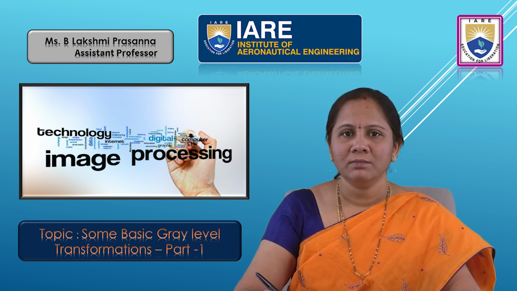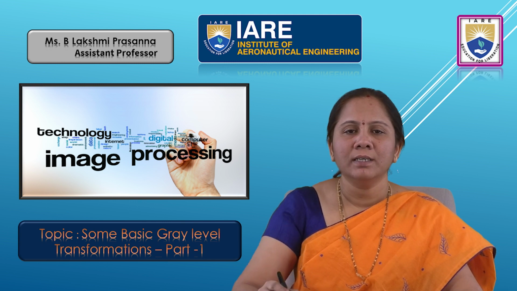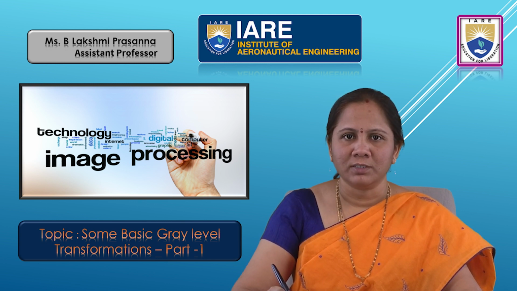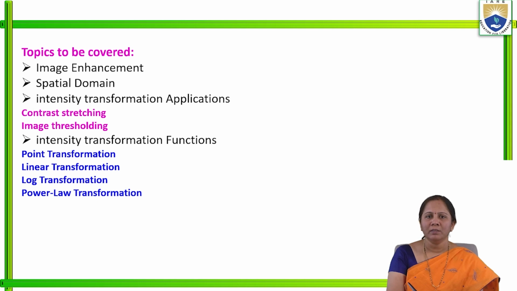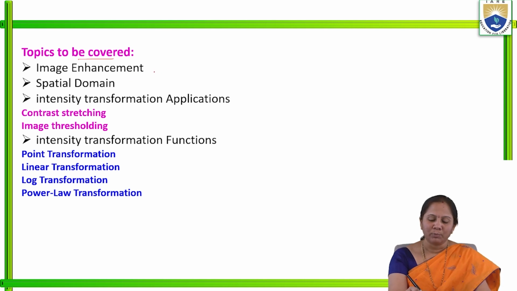In this session, we will learn about some basic gray level transformations. In the topic, we are going to learn in detail about different subtopics like image enhancement, that means what is the purpose of going for image enhancement, and spatial domain.